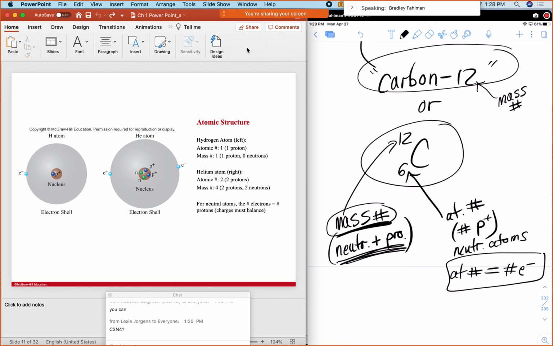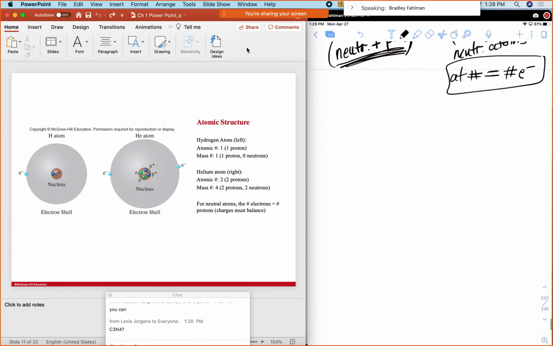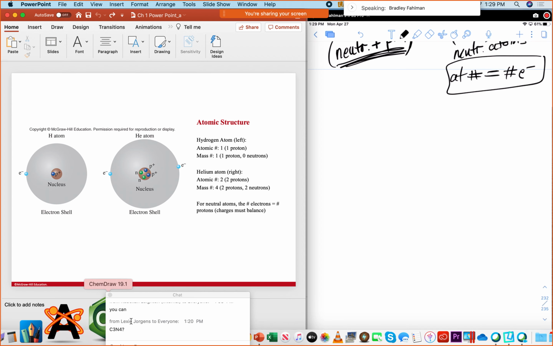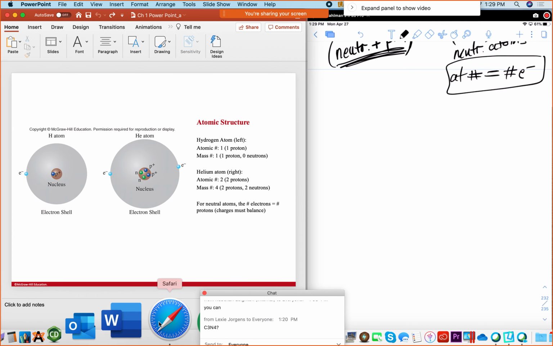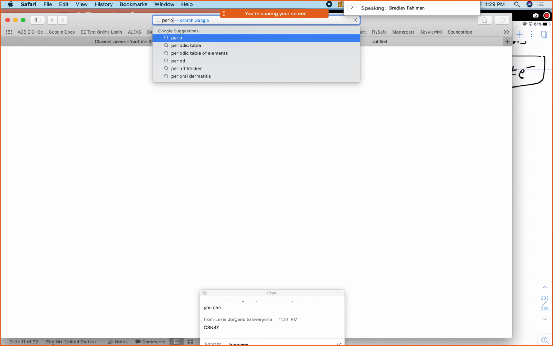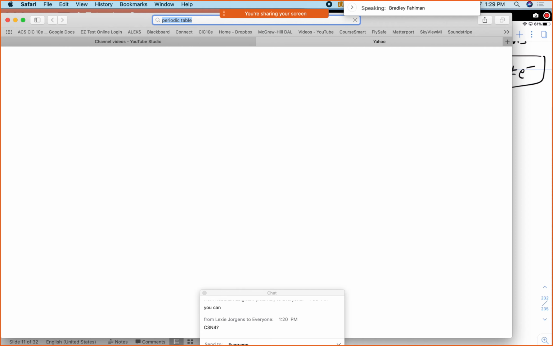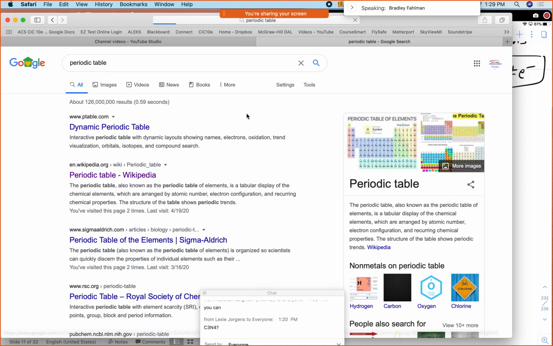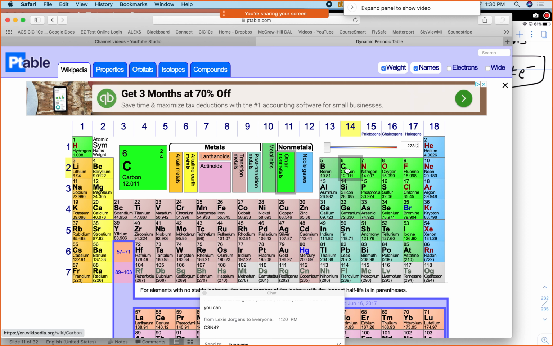Let's do some practice here. Let me pull up a periodic table too. Okay, so carbon is here. The bottom number is often left off too.